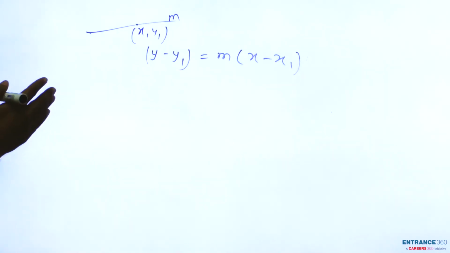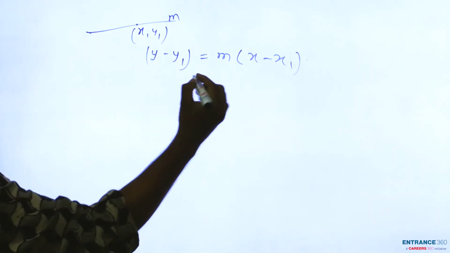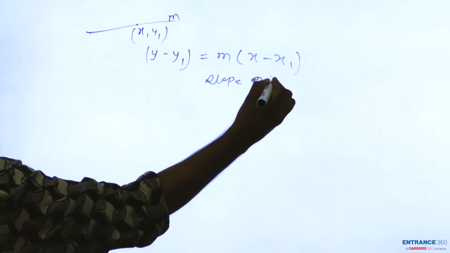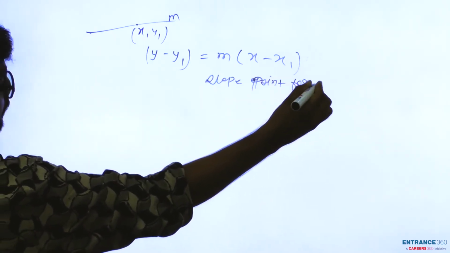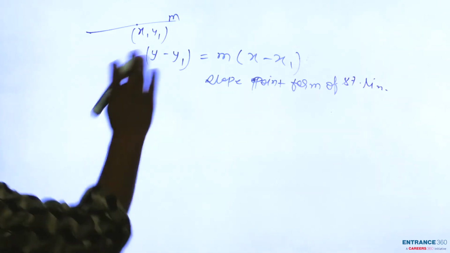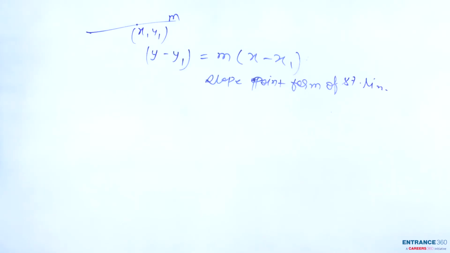This is the equation by the slope point form of a straight line. Simply, we have to use this concept to solve this question. Let's see how to use it.